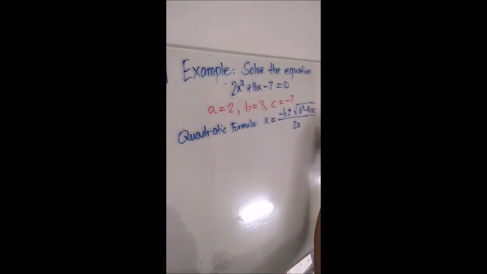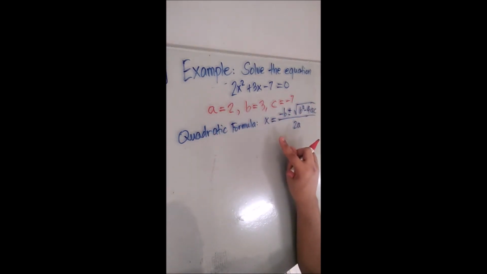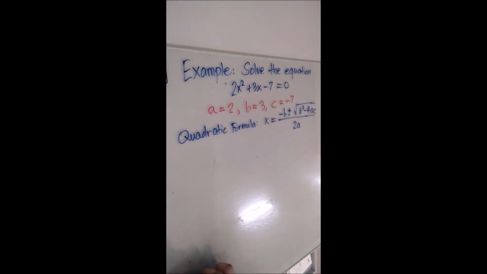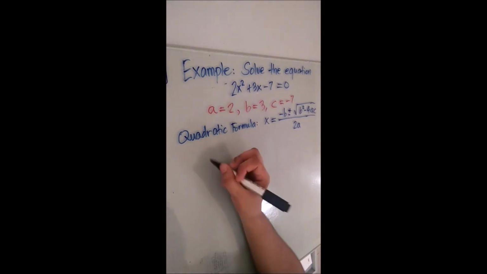Okay, so remember the quadratic formula. We have x is equal to negative b plus or minus square root of b squared minus 4ac all over 2a. Okay, now let's solve the equation.